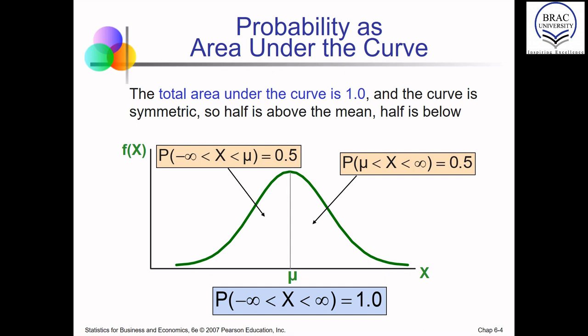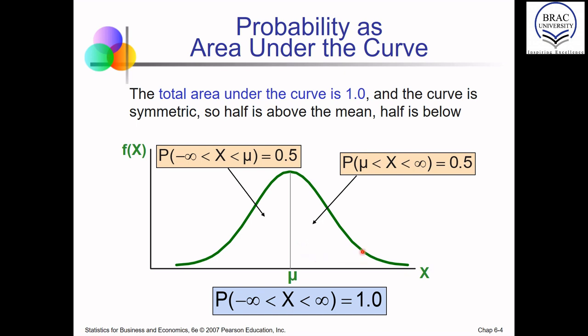So if your mean, mu, lies right in the middle, this divides your normal distribution probability density function into exactly 2 halves. So this is 50% of all the probabilities, and this side is the remaining 50%.